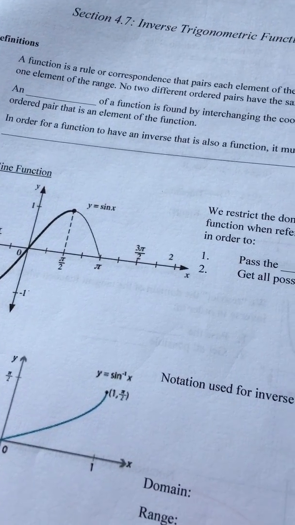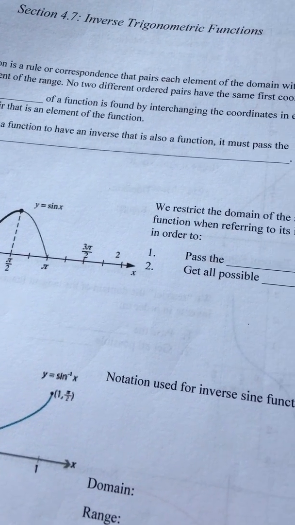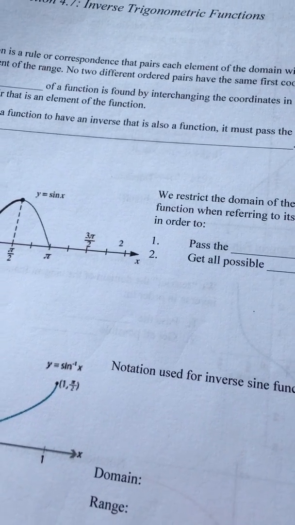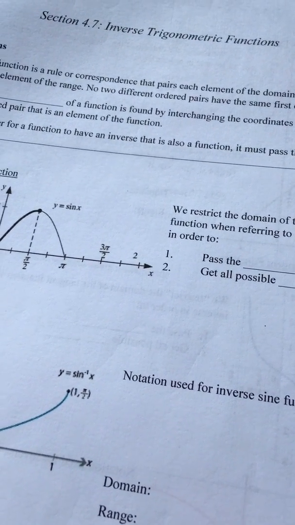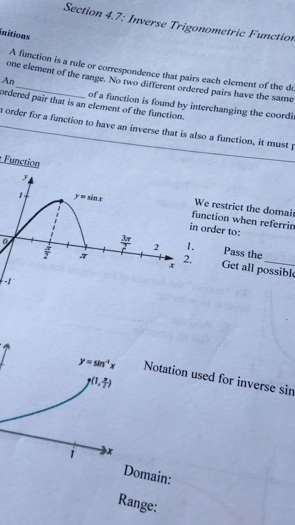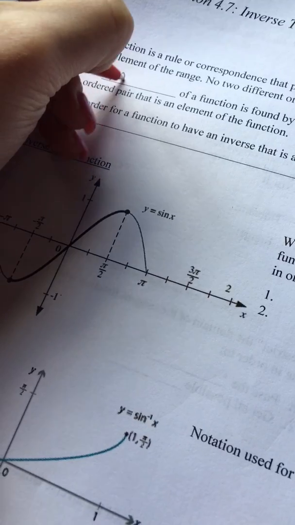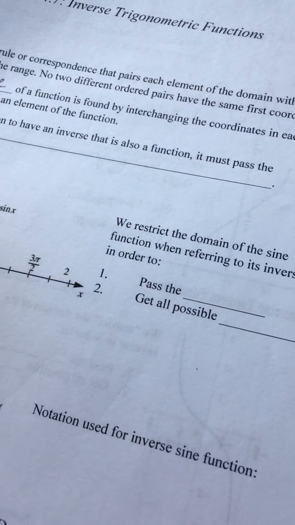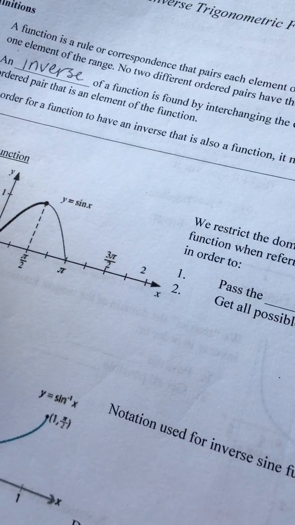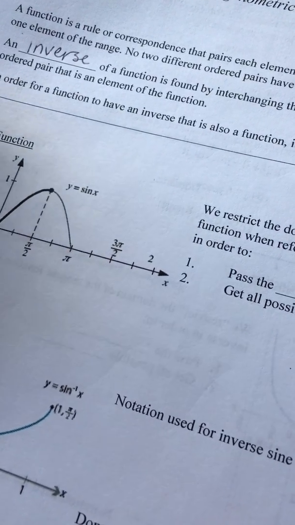So first off, a function is a rule or correspondence that pairs each element of the domain with exactly one element of the range. So that's the basic definition of a function like we learn in algebra. So an inverse of a function is found by interchanging the coordinates in each ordered pair that is an element of the function.